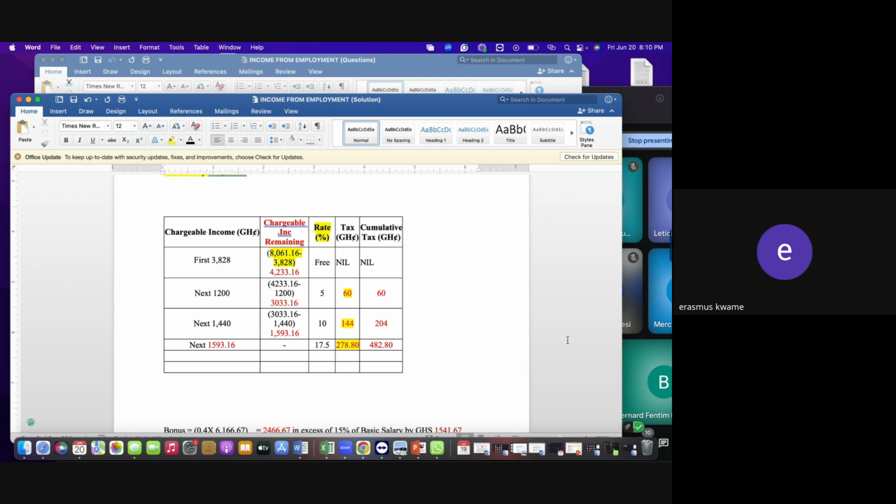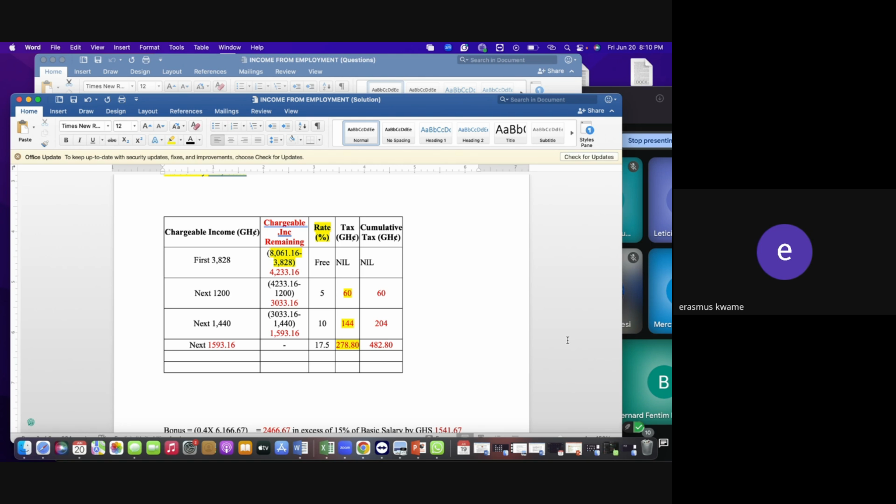But I wanted to find out the rationale behind the chargeable income. I wanted to find out why the tax rate wasn't applied onto the balance after the chargeable income, but rather it was applied on the chargeable income.